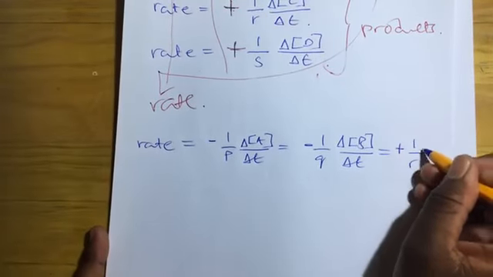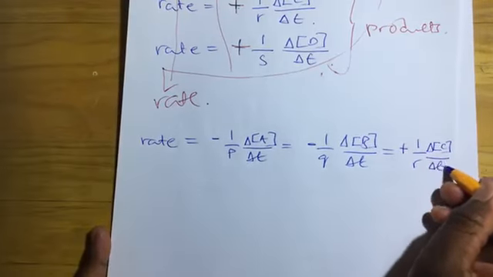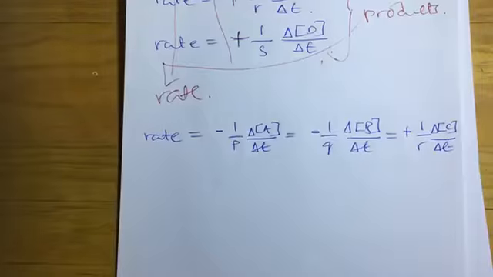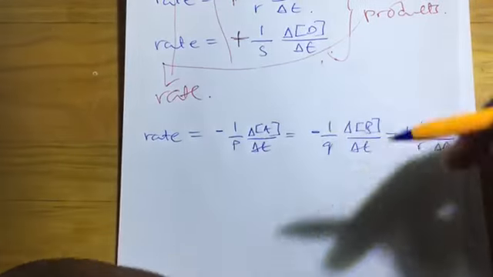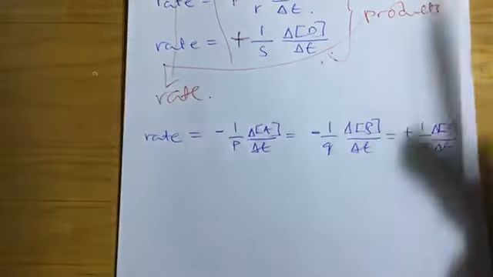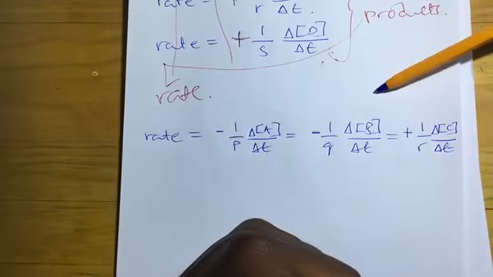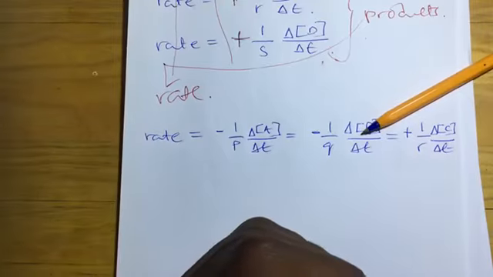Positive 1 over R delta C divided by delta T. And then you can continue, you can include D as well. So that's how you write an expression for the general rate. Now, this is very minor stuff when it comes to chemical kinetics.